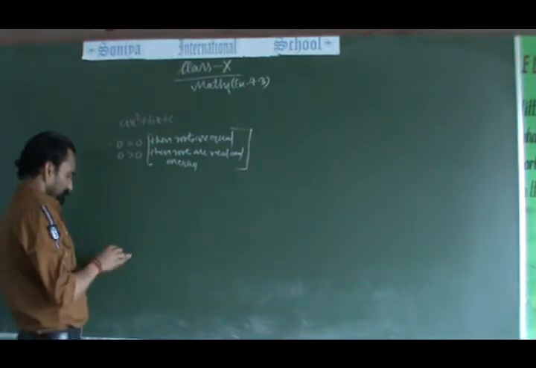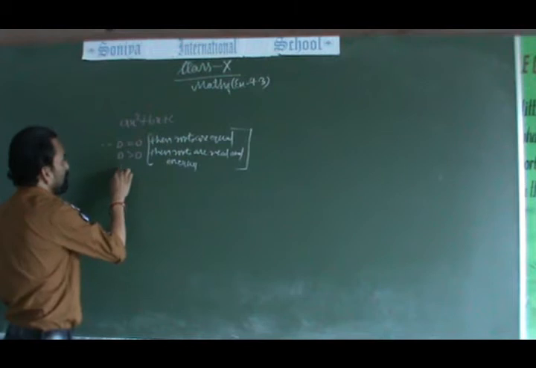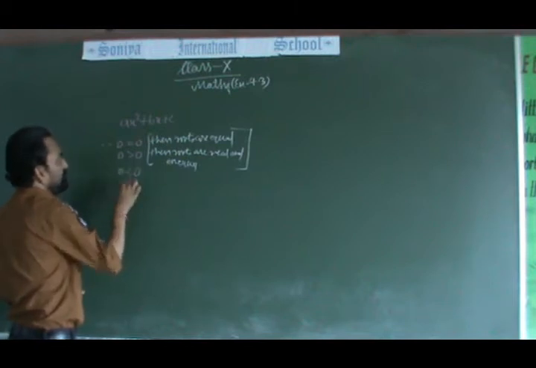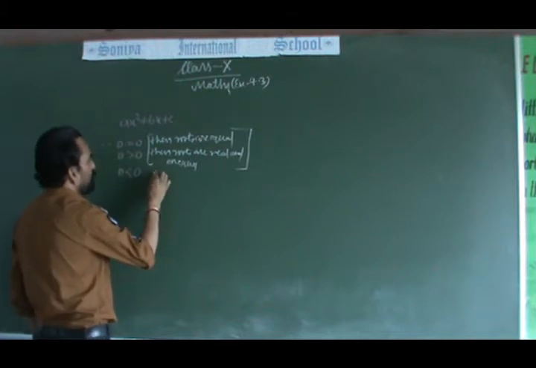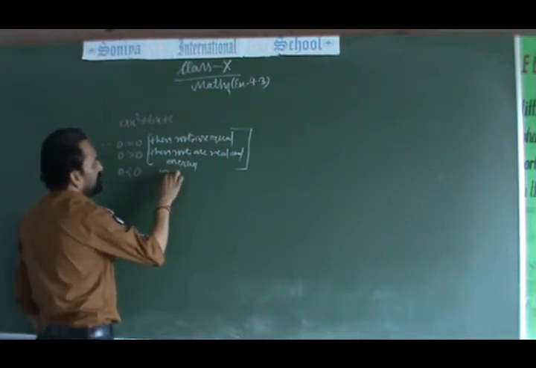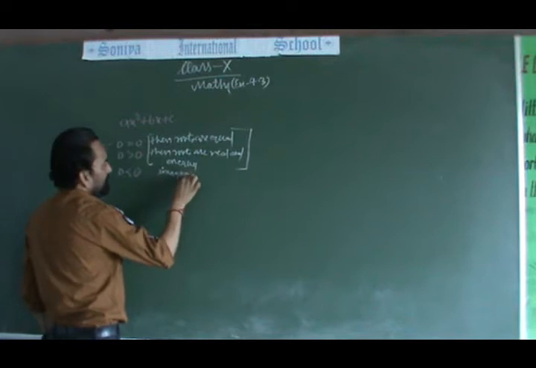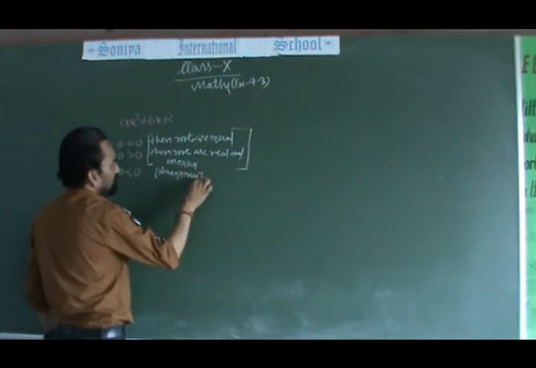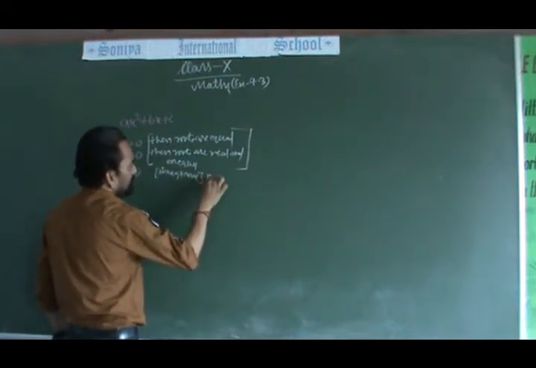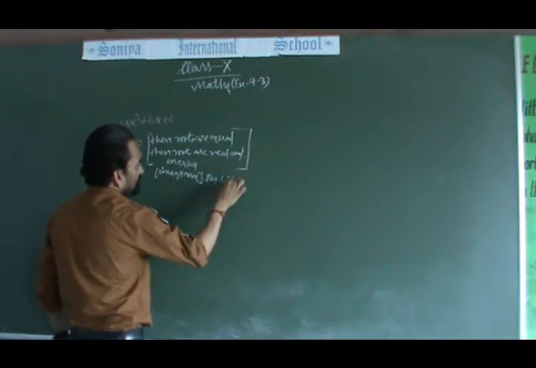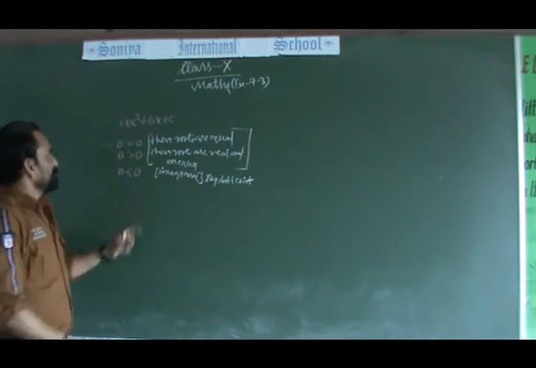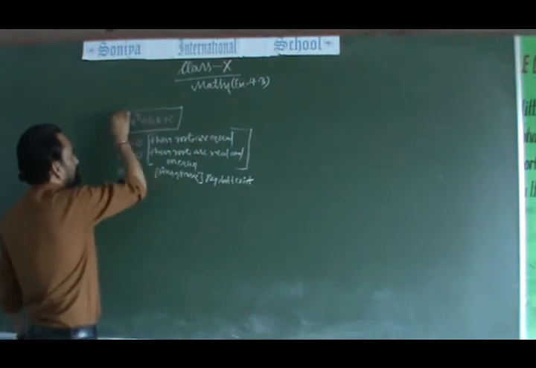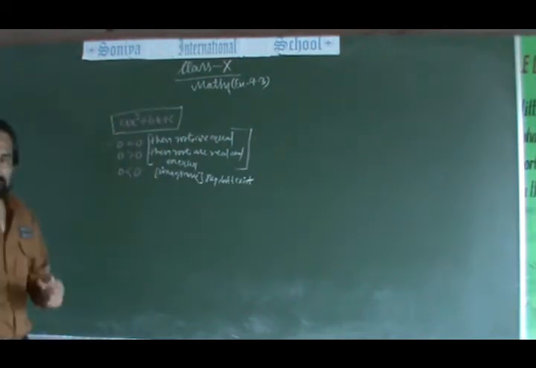So when d is smaller than 0, both the roots of the quadratic equation are imaginary, and hence they don't exist.